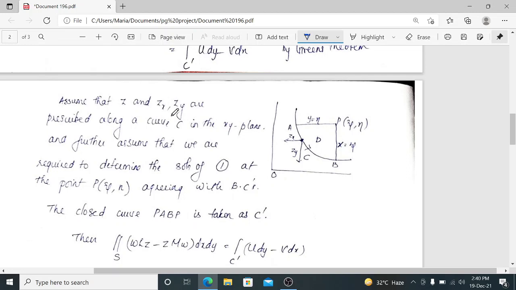So z x, z y and z are defined over a curve C in the x y plane.